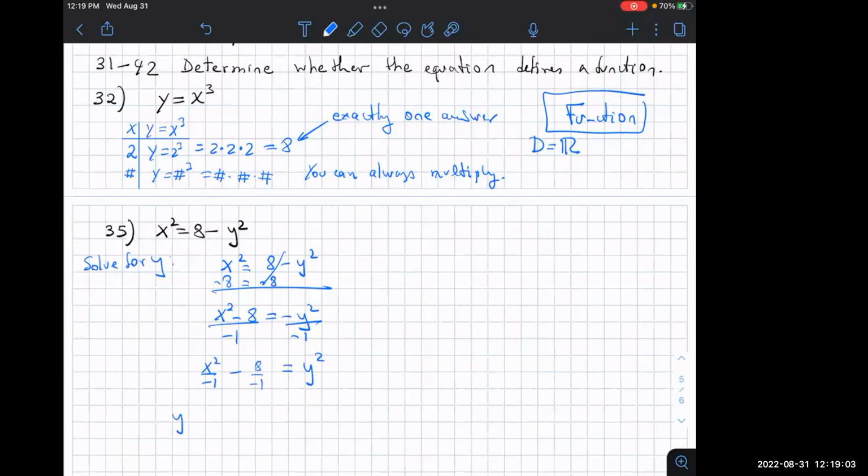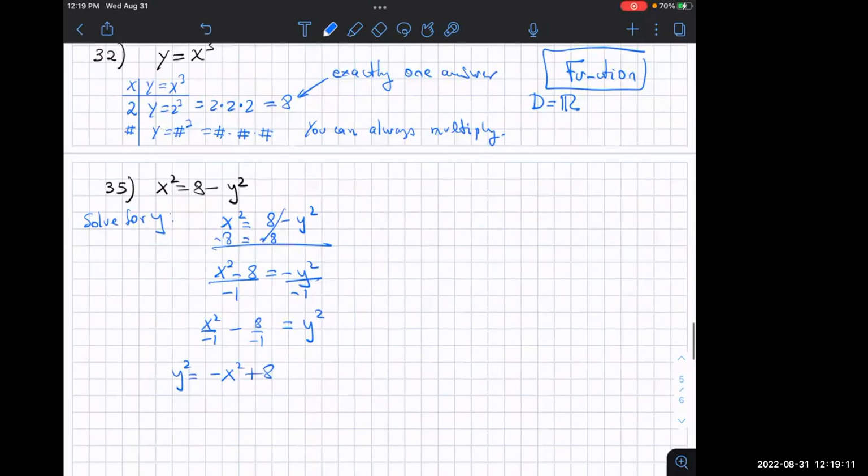Okay, next step: square root. I get y equals, but remember when you take the square root, the other side has to be plus or minus. So y equals plus or minus the square root of negative x squared plus 8.